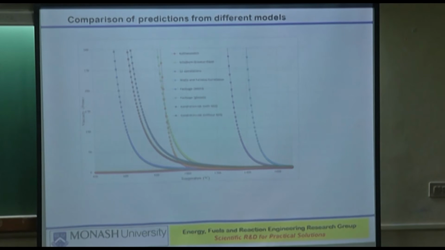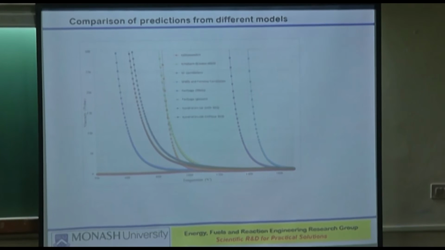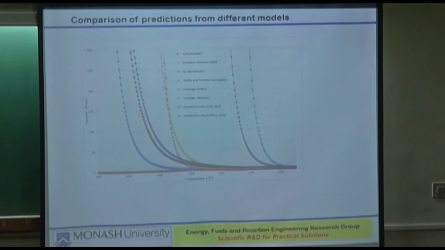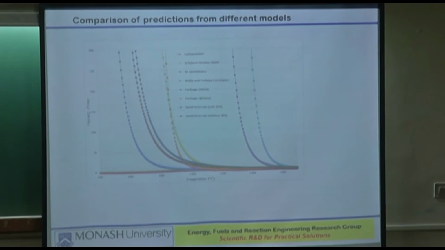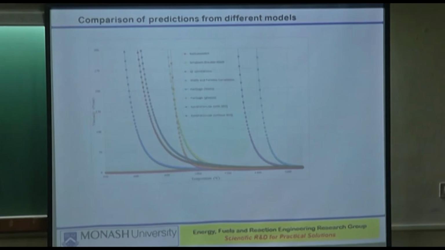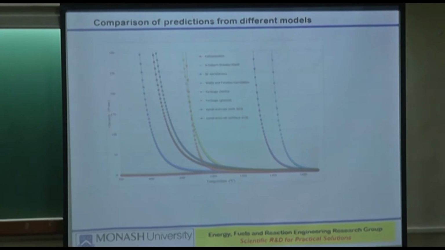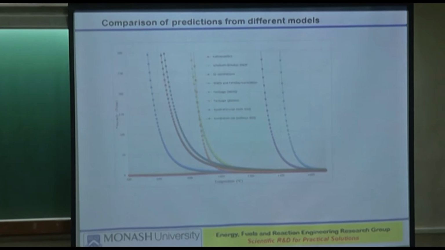And then she plotted them, with temperature on the x-axis and viscosity on the y-axis. Now, these are all predictions, a comparison of predictions from different models for the same ash. The same ash composition was given to different models to calculate viscosity. There is no experimental data here at all. These are all predictions.